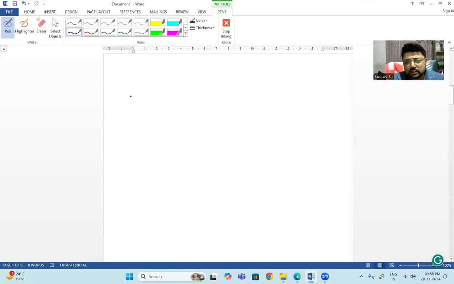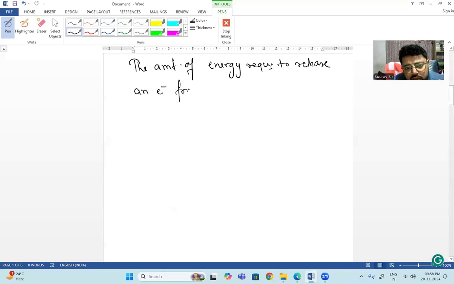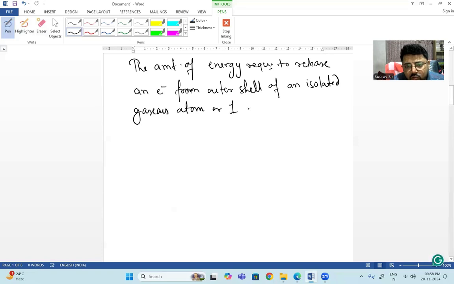So let me recapitulate it. Ionization energy is the amount of energy required to release an electron from the outermost shell of an isolated gaseous atom, or 1 mole of isolated gaseous atoms.